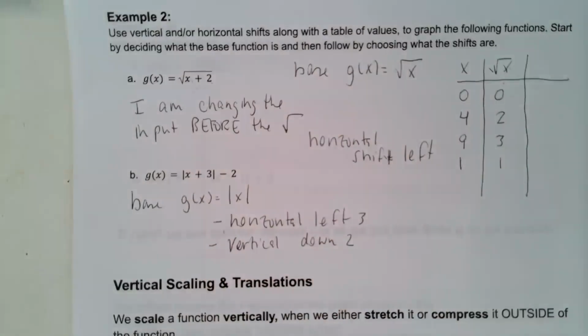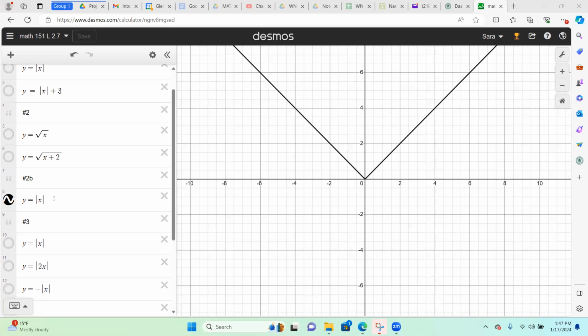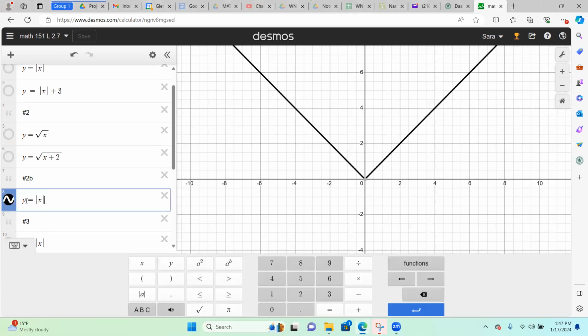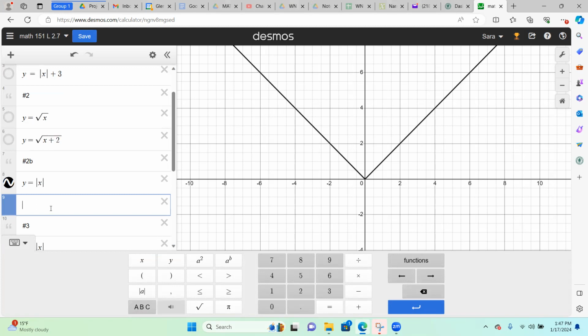So let's look at that. Make sure you're typing all of these into Desmos and saving them because it's going to be part of your note submission. So in 2b, we have the absolute value of x. Then I am going to copy that, and inside that absolute value, we are going to add 3.